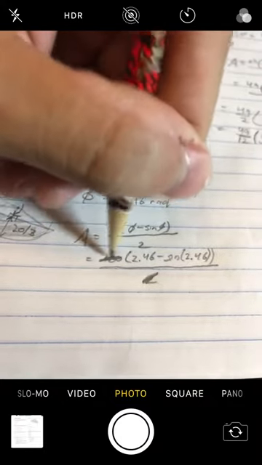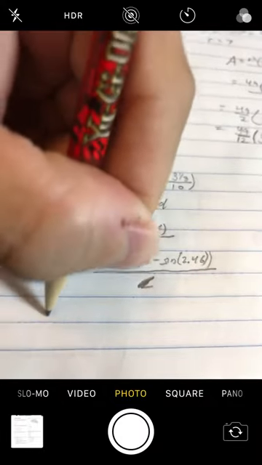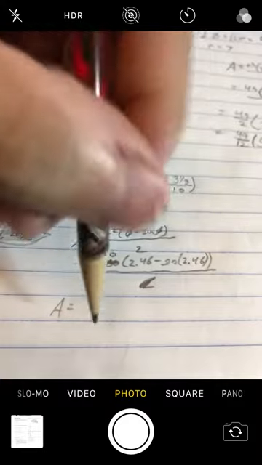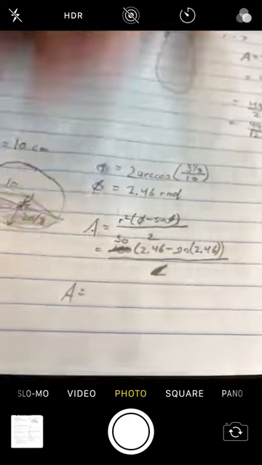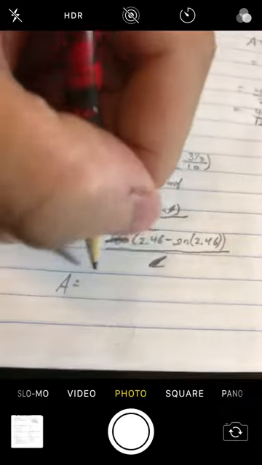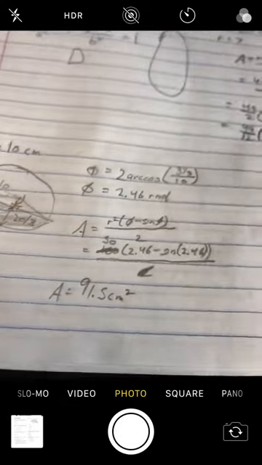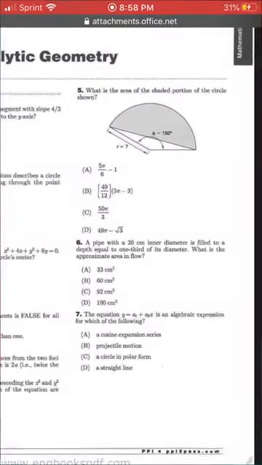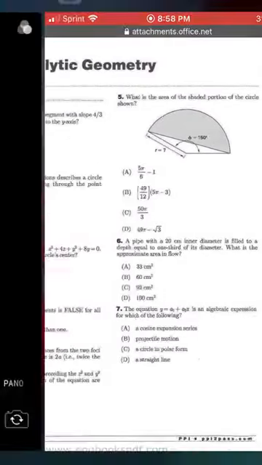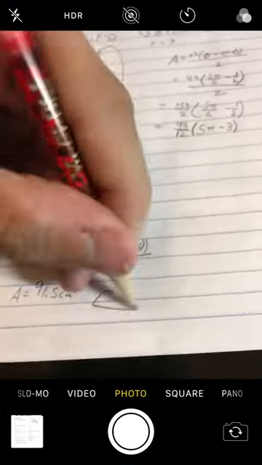Let's cancel out the 2 here. When you come up with the total calculation, that should be roughly about 91.5 centimeters squared. So the closest we can get to for an answer is C, 92.